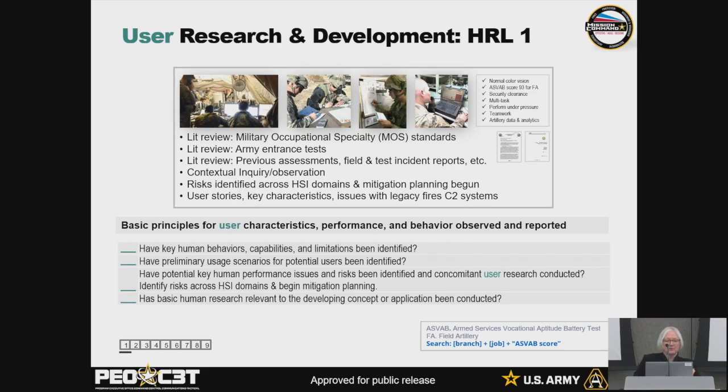Then I looked at previous assessments and field and test incident reports. And lo and behold, IBM did a heuristic evaluation years ago. So I got a copy of that, and I saw what issues they found. They had just done an expert review based on documentation. They didn't really have the software, and they came up with lists of problems they saw.